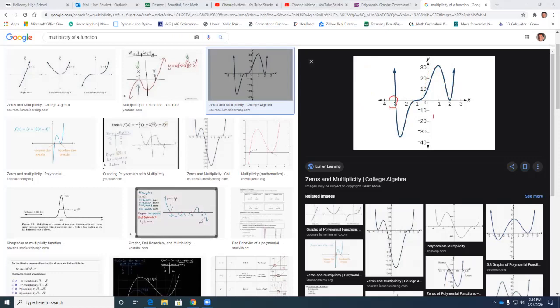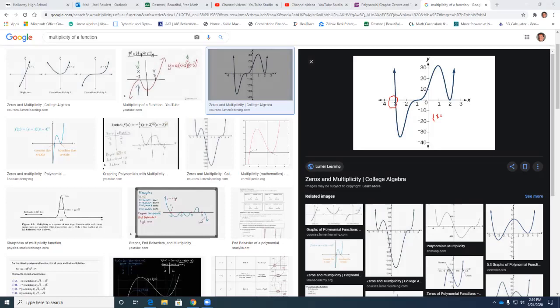Well, that makes x plus 3 a factor. And since it slices through, it has to have an odd power. It has to have an odd multiplicity, right?